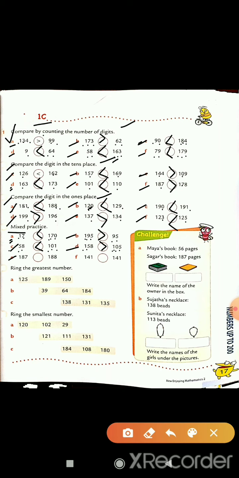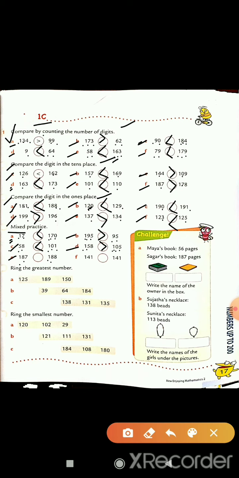Next, E, 187, 188. Again here we cannot compare it by counting the number of digits, because both the numbers have same digits. At the hundreds place, both the numbers are having 1 and 1, so we cannot compare it from hundreds place. So move on to the tens place. At the tens place, 187 is having 8, and 188 is also having 8.